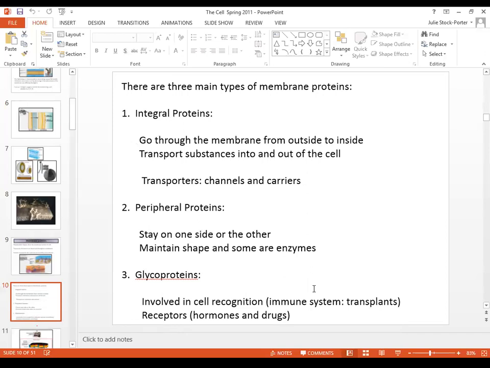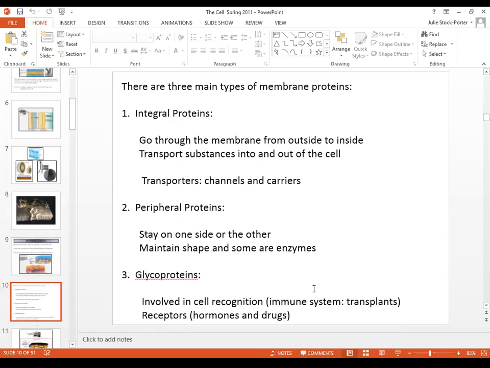You hear of transplants. We hear about it all the time, and we hear about how transplants either they're successful or they fail. And when you have a transplant that's successful, it is because these glycoproteins recognize those cells that are coming in as good cells, and they accept them.